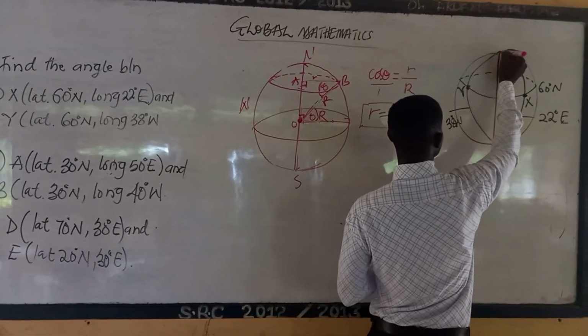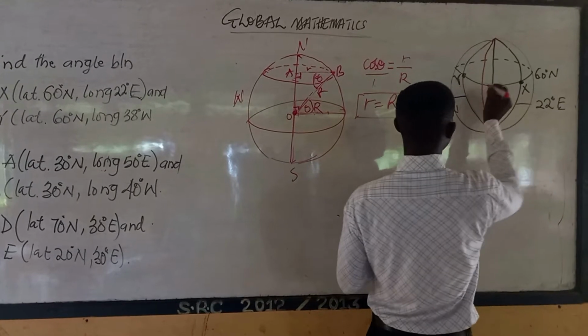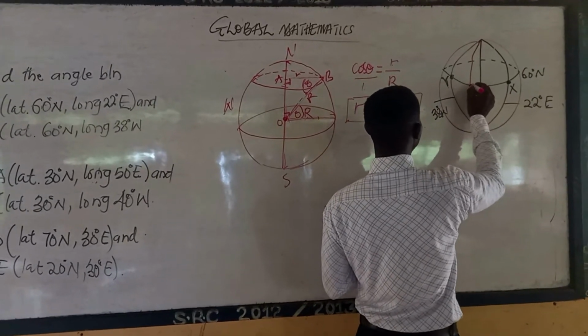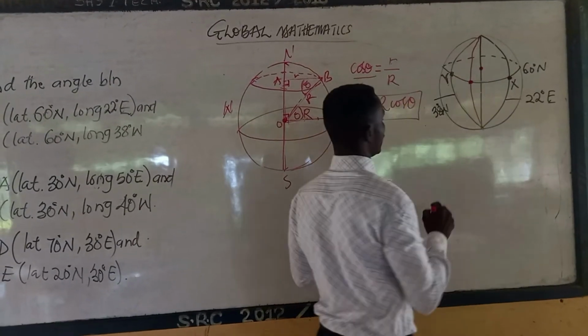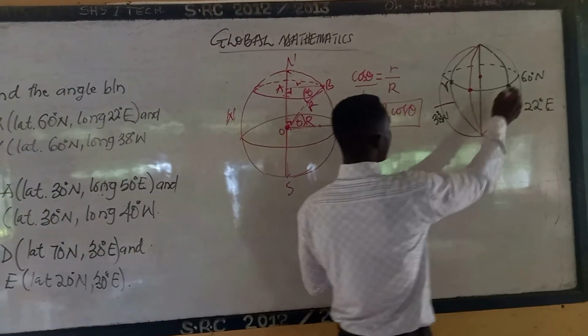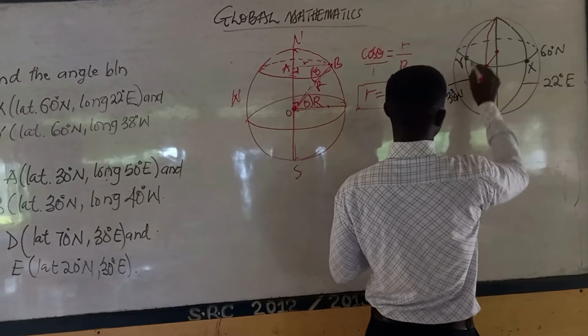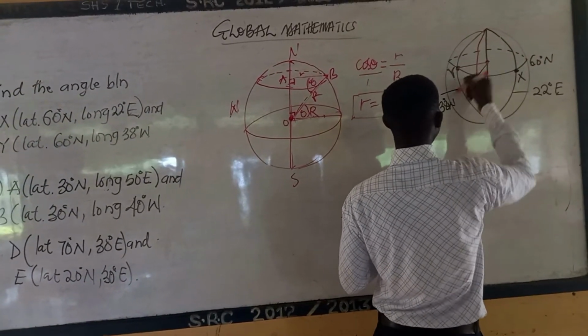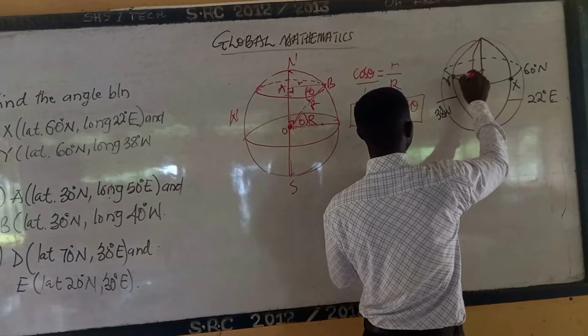This is my longitude 0 degrees. It also meets the latitude at this point. So this is the center of the small circle created by the latitude. From this to this point, the angle here is 38 degrees.